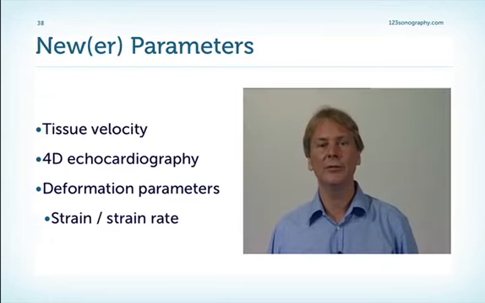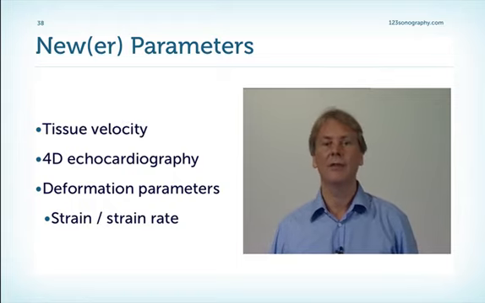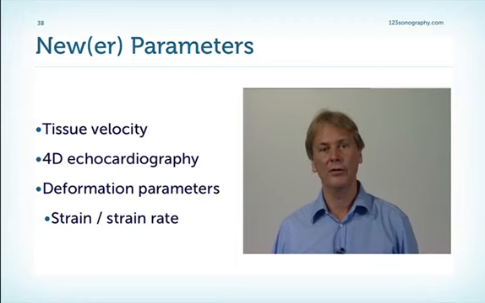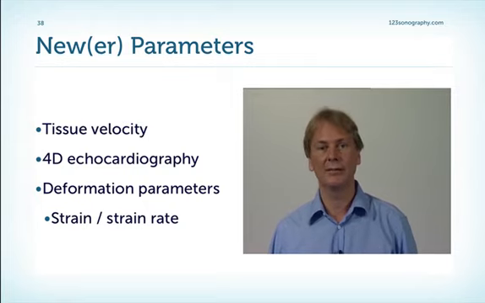These are the standard parameters we use in everyday clinical practice. But there are new parameters also on the horizon. We can use tissue Doppler, 4D echocardiography, and importantly also deformation parameters such as strain and strain rate. In a special section, we'll be talking about these parameters later.